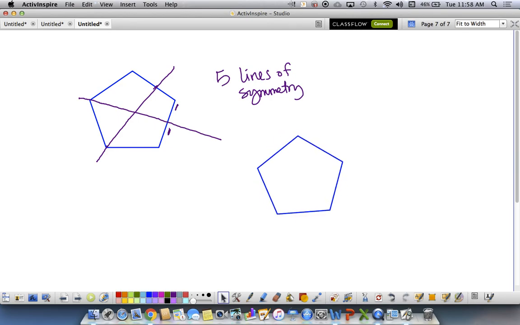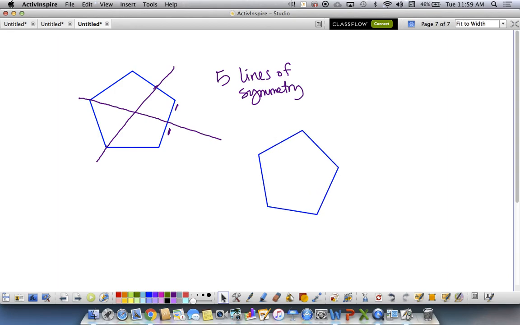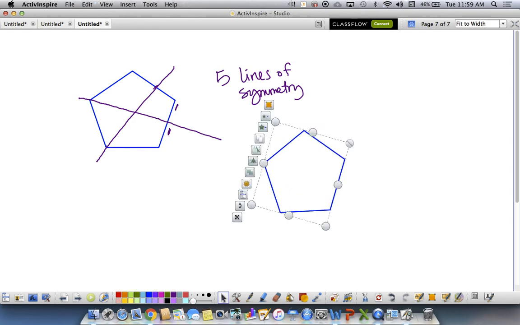When I put the next point at the top, I can tell it didn't line up. But if it was regular, it would line up, and it would have rotational symmetry. Every time another point went to the top, it would look exactly like it did at the beginning. And if we kept rotating it, it would have an order of 5.